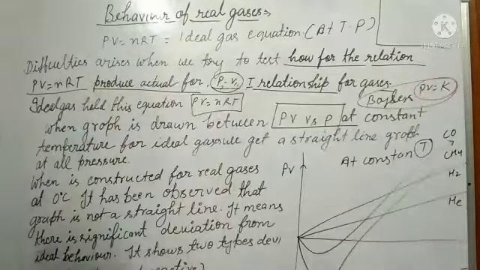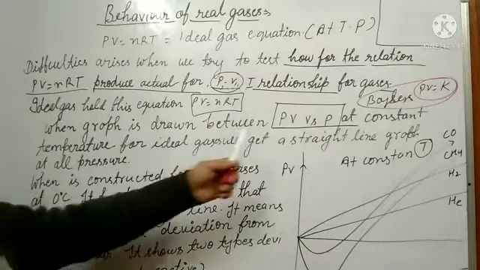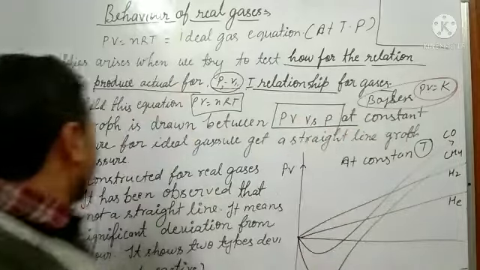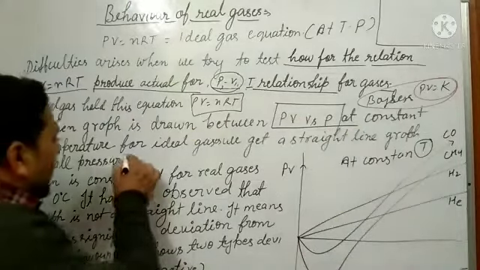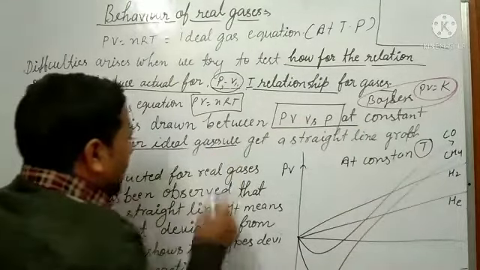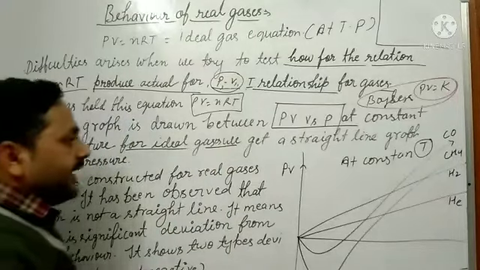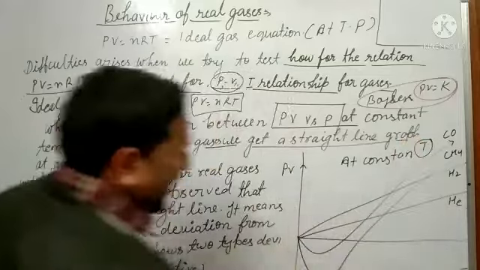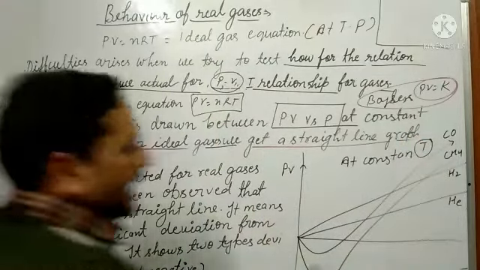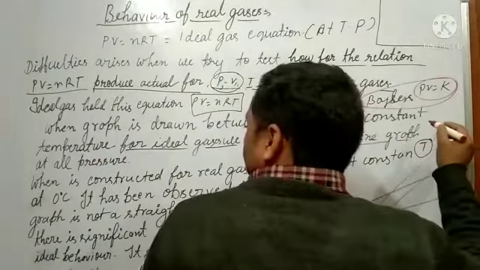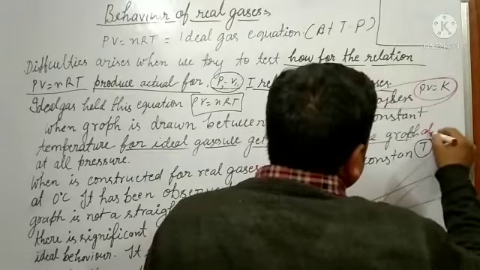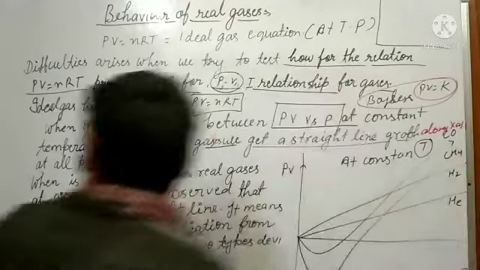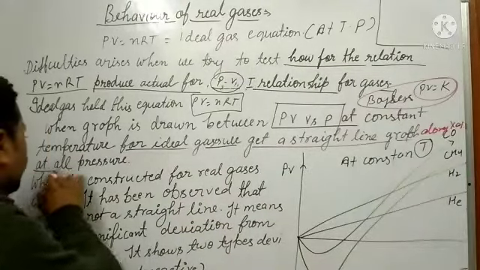So let us see the graph between PV versus P at constant temperature. For ideal gases, we get a straight line graph along the x-axis, at all pressure.